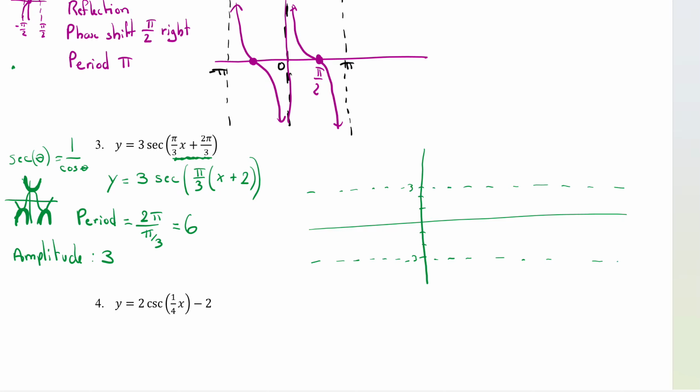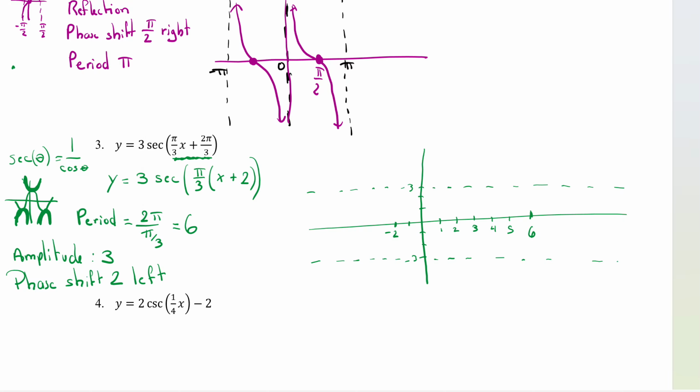Period is 6, and I have a phase shift of 2, so if I go 6 here, that will be 1 full period, but I have a phase shift 2 to the left. So really we're going to start right there at -2.